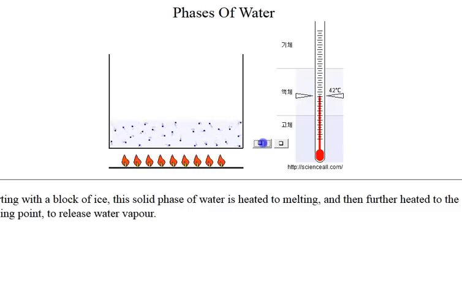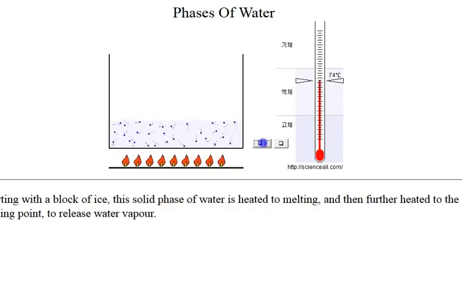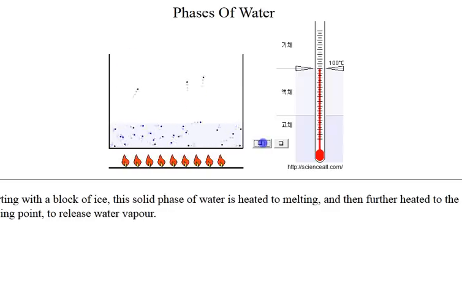The temperature will start rising, the molecules will move faster and faster, and the kinetic energy is increasing. At some point, certain molecules will have enough kinetic energy to escape out of the liquid and turn into a gas. As the temperature approaches 100 degrees, those molecules have enough kinetic energy to escape and boil away.